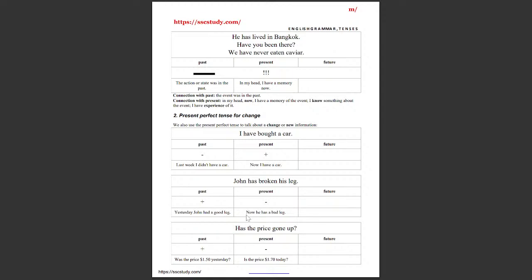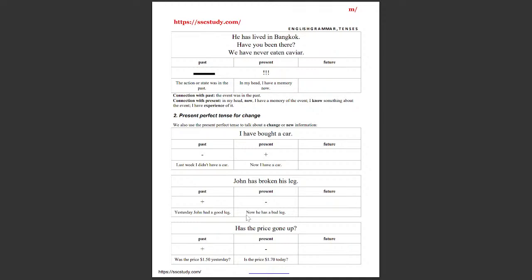So here we have a quiz part, like: He has lived in Bangkok. Have you been there? We have never eaten kave. See, the above three sentences, are they for the past, present, or future? What is it saying?